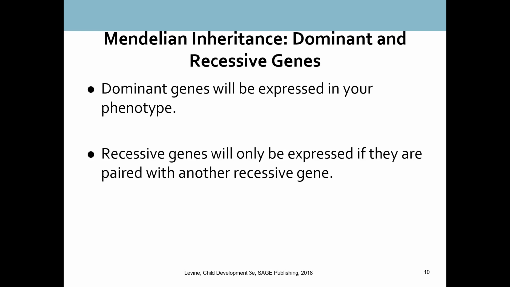Blue eyes, on the other hand, are a recessive characteristic or a recessive gene. So in order to get blue eyes, you need to receive a blue-eye gene from each parent. It's the only way. So to show a recessive characteristic like blue eyes, you need to get a pair of them, one from each parent. Otherwise, the recessive gene will be overridden by the other dominant gene.